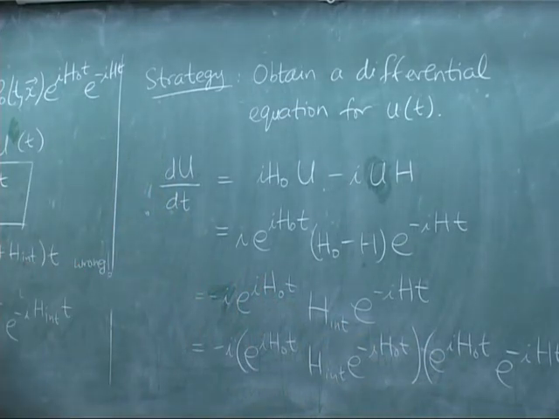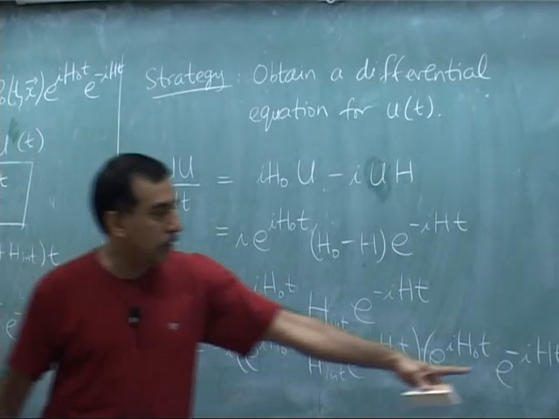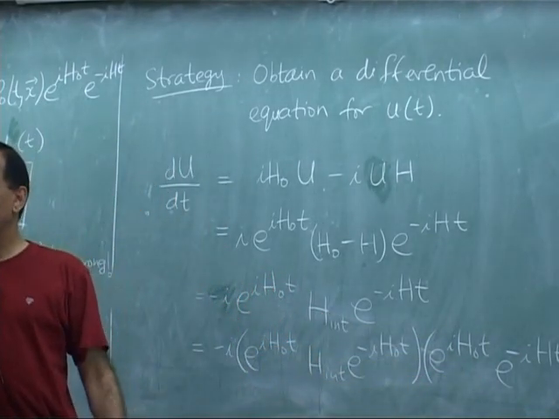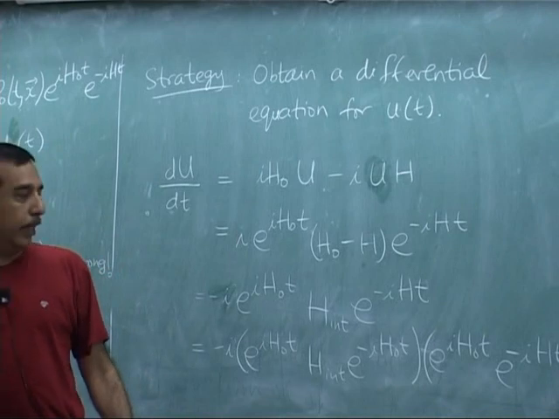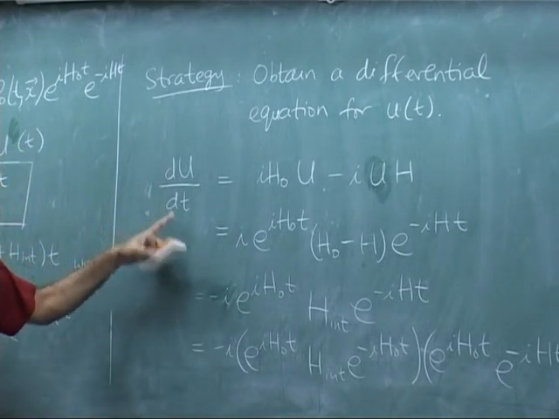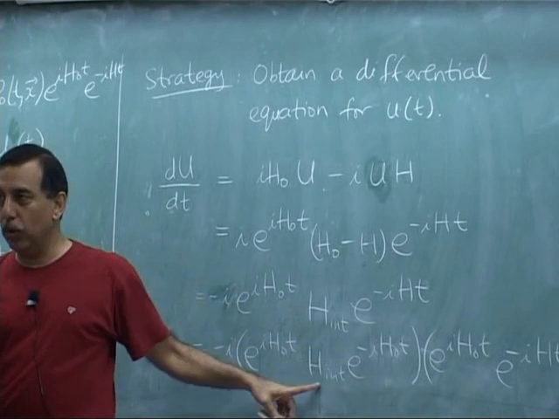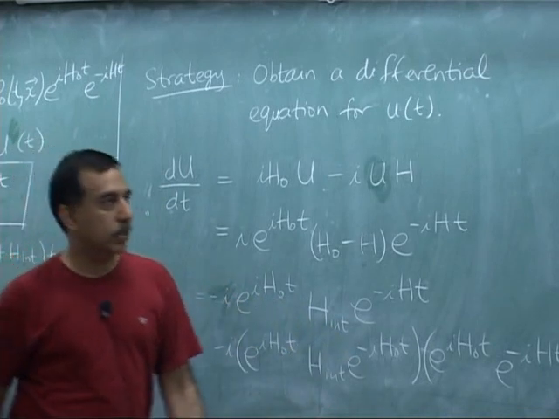Now what's the advantage of this? What's the last term? It's just u again. So du by dt is something which I know times u. That's the equation.